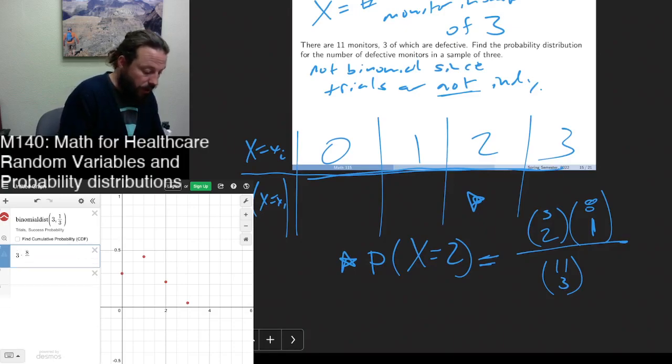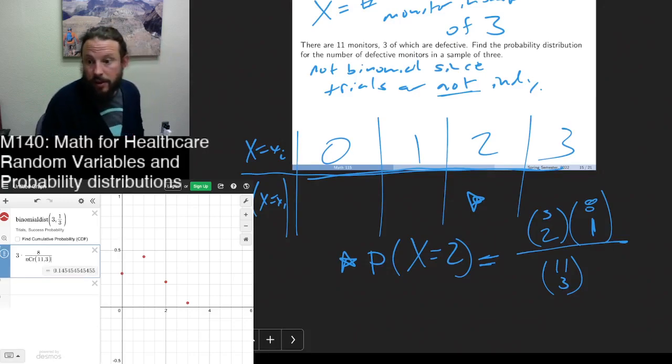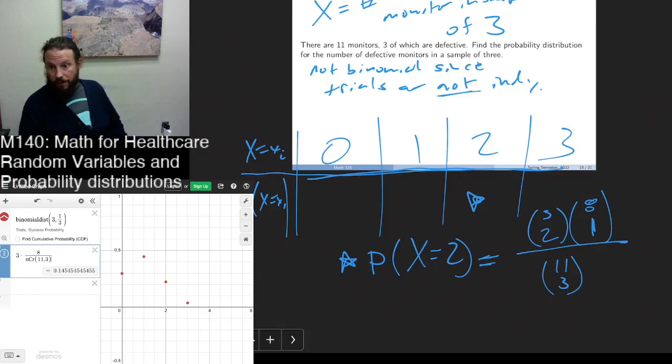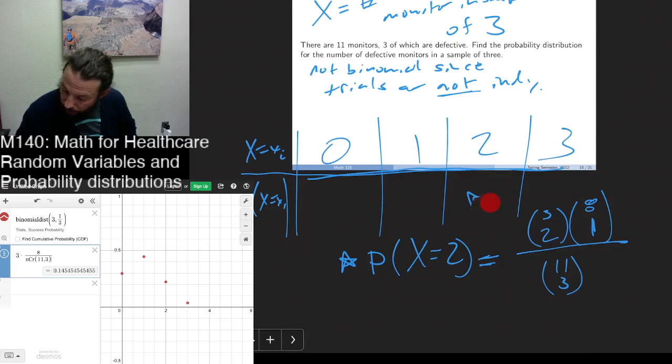And then we're going to divide that by 11 choose 3. And it comes out to be 0.14545 repeated. So that's pretty close to what we got from our chart there. I'm going to put that in as 0.145.